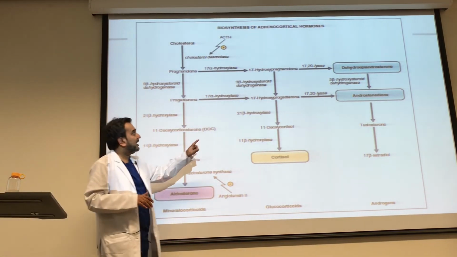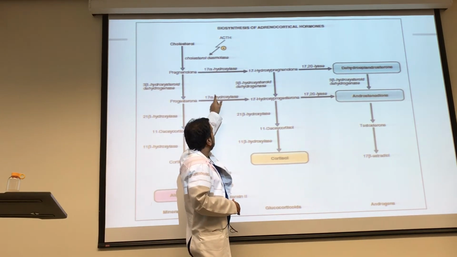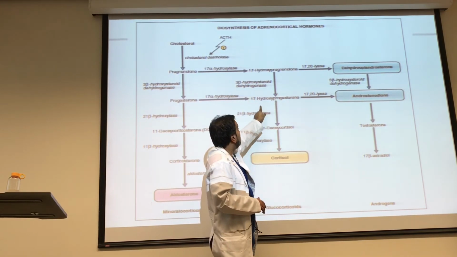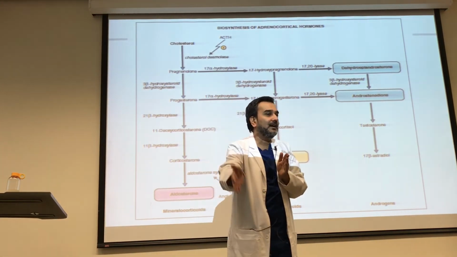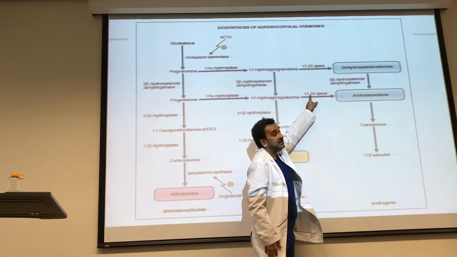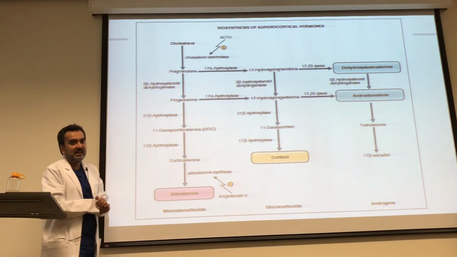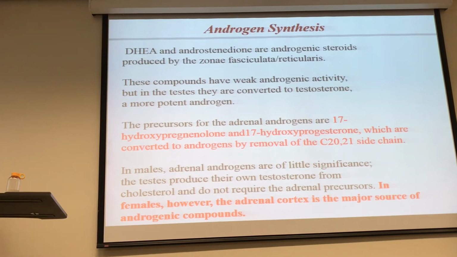But what you need to understand is that you need 17-alpha-hydroxylase, which will convert either pregnenolone or progesterone into 17-hydroxypregnenolone or 17-hydroxyprogesterone, and then you need to chop off carbons 20 and 21, which is done by the 17-20 lyase, converting them into DHEA and androstenedione. Now, in males, adrenal androgens are of little significance because androgens are produced by the testes.